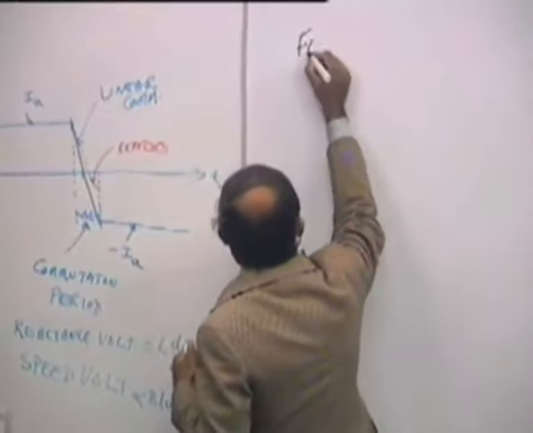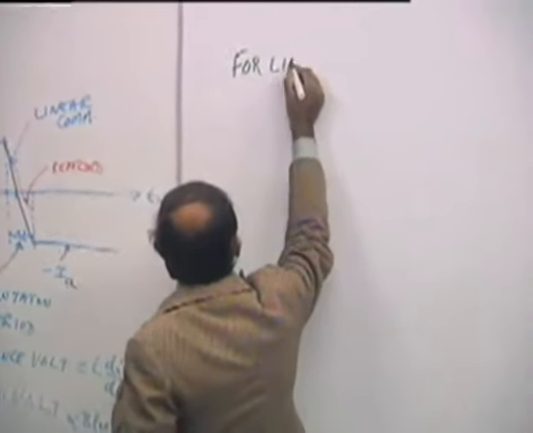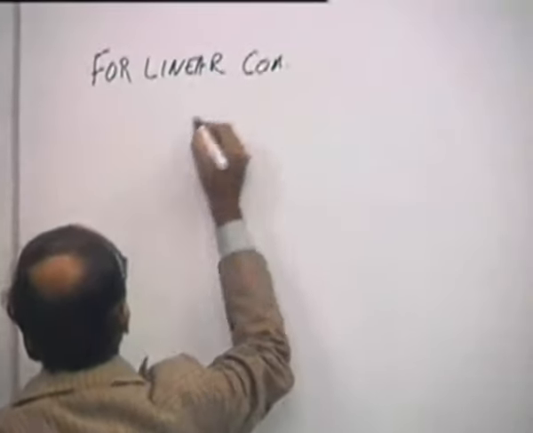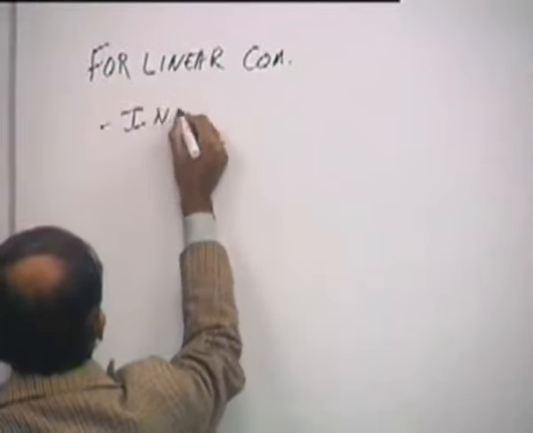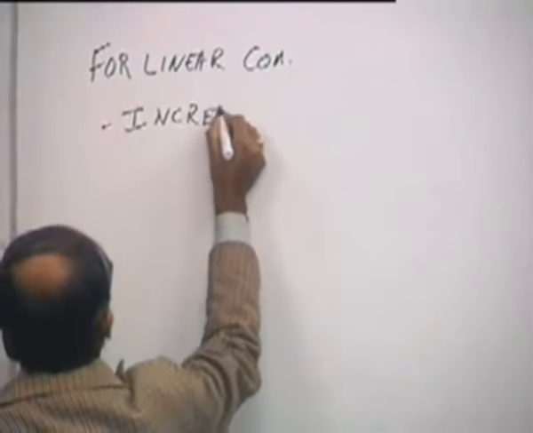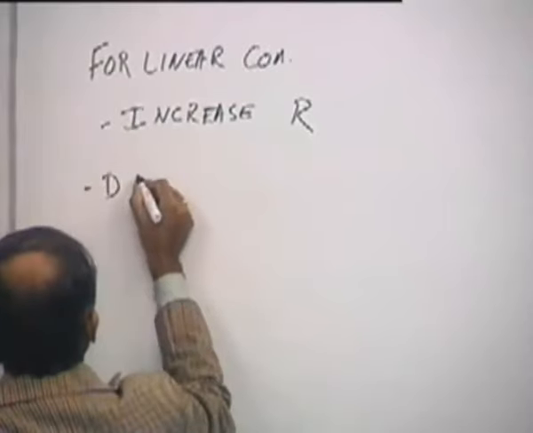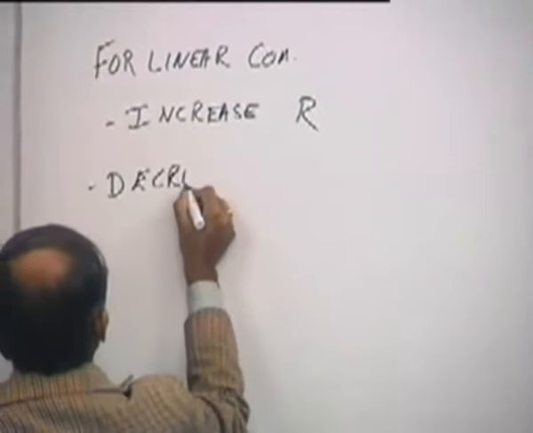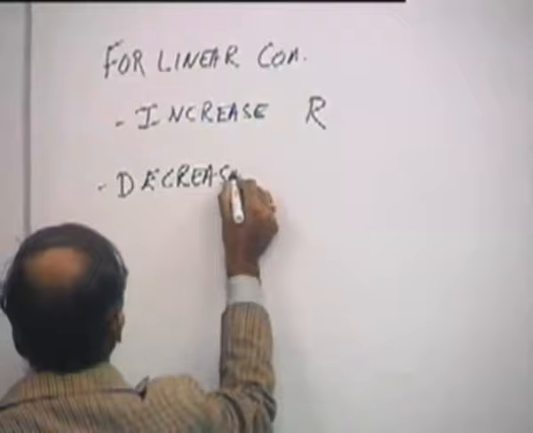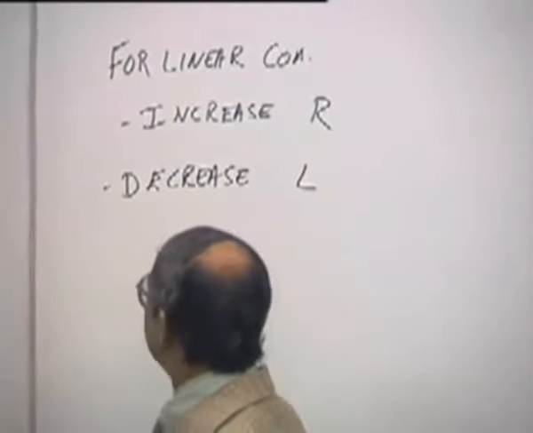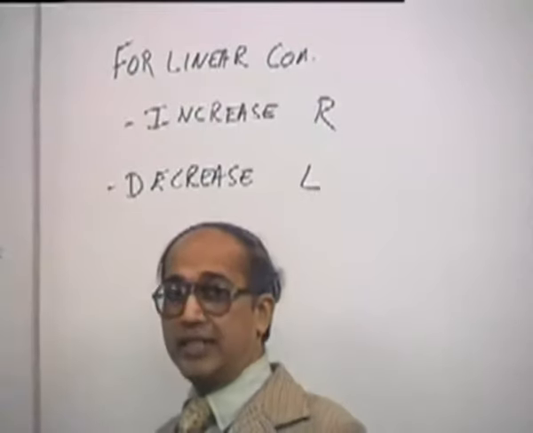For linear commutation, increase R and decrease L. So increase the resistance and decrease the inductance.